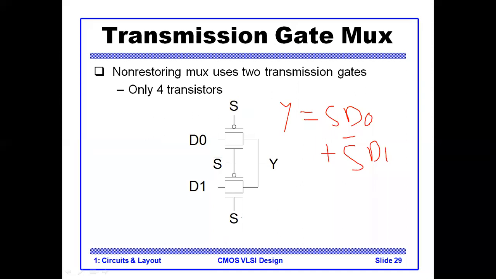And S is 1, so that 1 is applied to the NMOS type transistor, so this second transmission gate will be on, and at that time D1 will appear across the Y terminal, right? So this is the operation of the transmission gate for implementing the 2:1 mux, right?